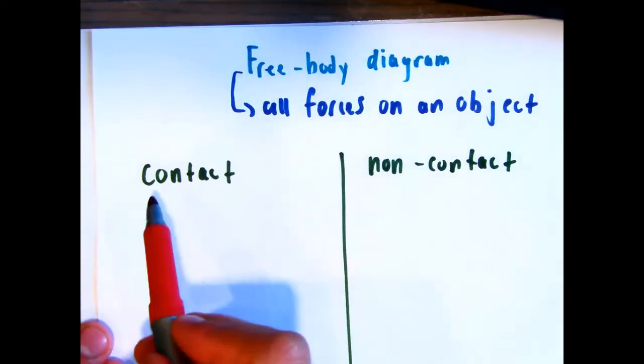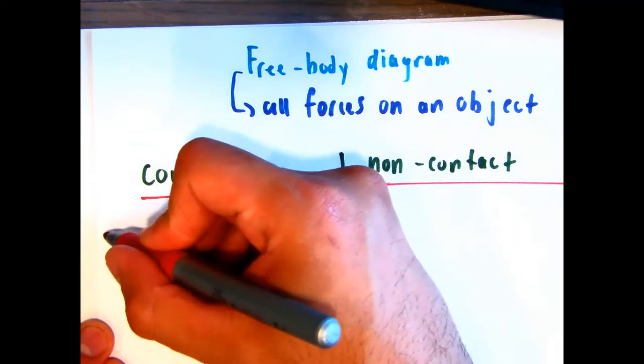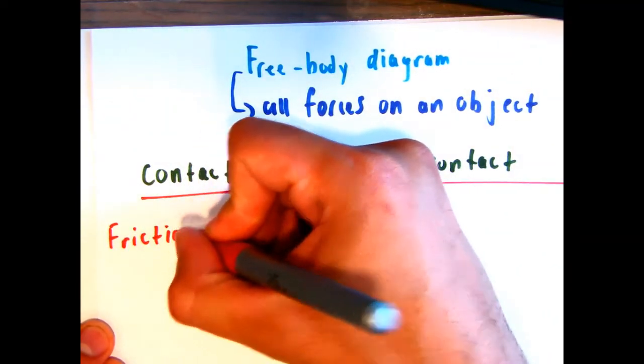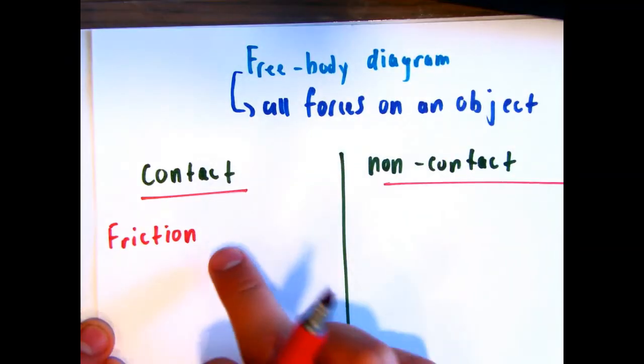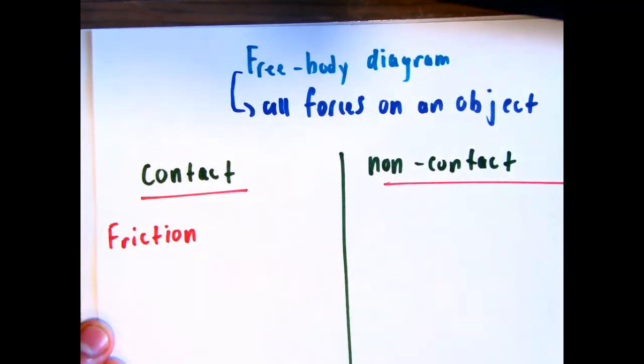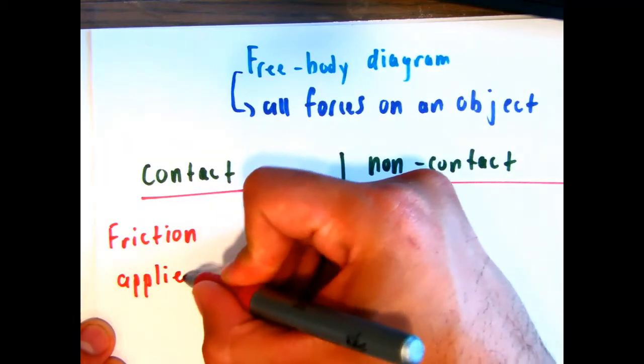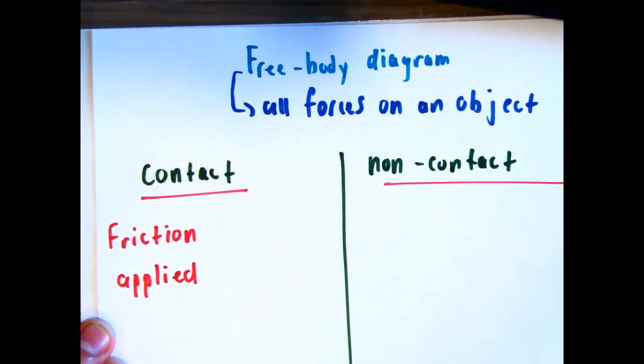One of the first ones is going to be friction. That's a contact force. Friction is a force that basically always goes opposite to motion, so it opposes motion. Then we have what we call an applied force. An applied force is just the force that you're applying to an object, so a push or a pull.